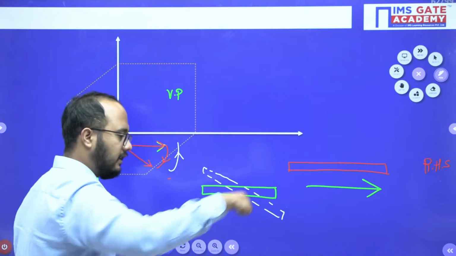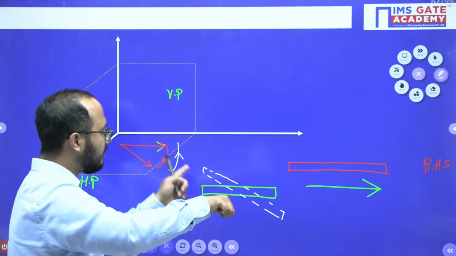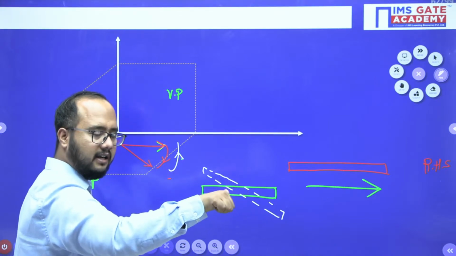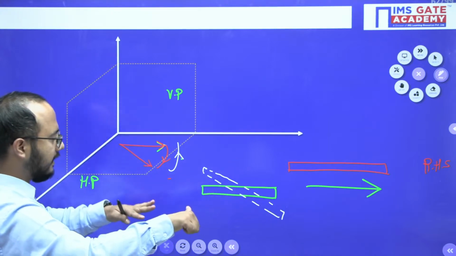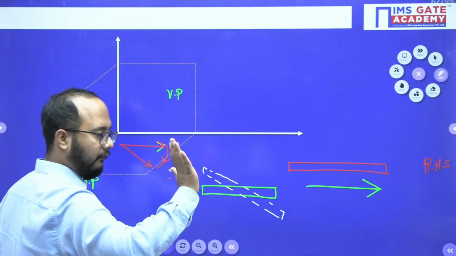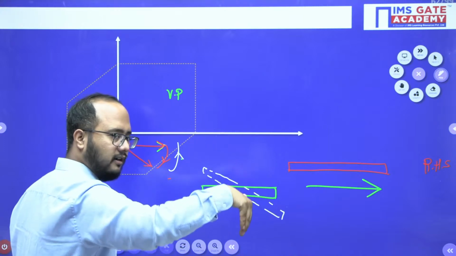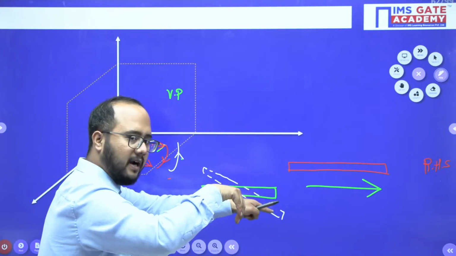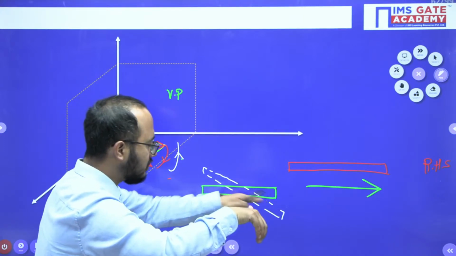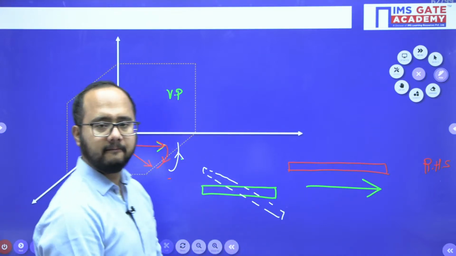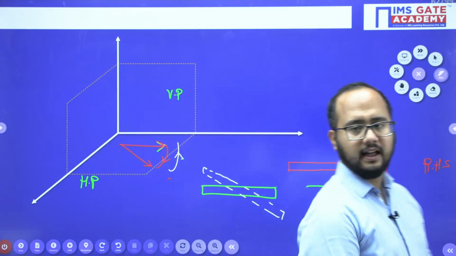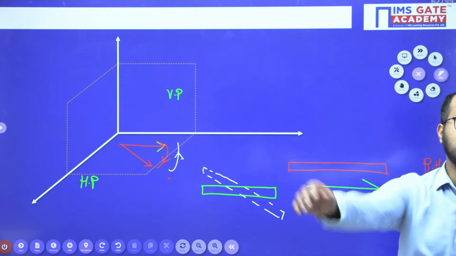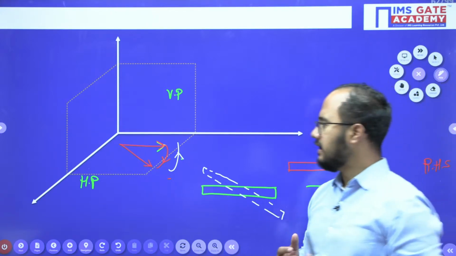The right hand thumb is in the direction of the arrow, considering that my hand is in the horizontal plane, because everything is happening in the horizontal plane. Now the fingers curl like this, so the front part goes down. Obviously when it goes down, the rear part goes up. Simple. Is this point clear, everyone? Yes or no?